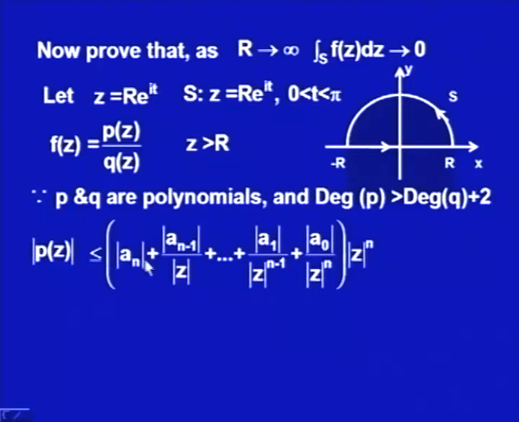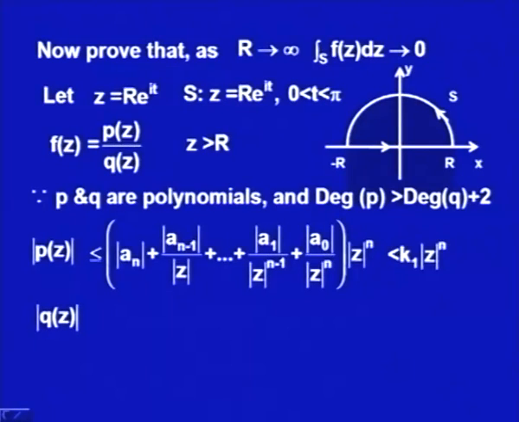So each of these terms is bounded by some constant, since R is large enough. 1 by R is always larger than 1 upon R^n, so we are bounded by smaller terms. All the terms inside this bracket are therefore bounded by some constant, say k1, and we can write this as bounded by k1 times mod z^n. Now, let us see the denominator Q(z).